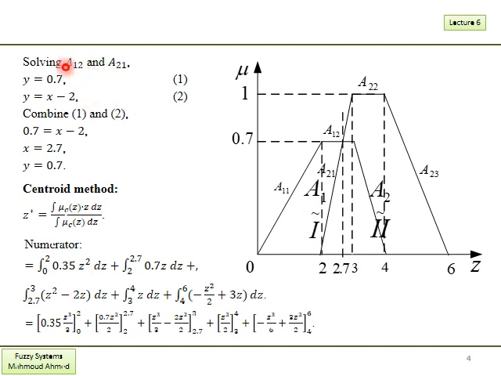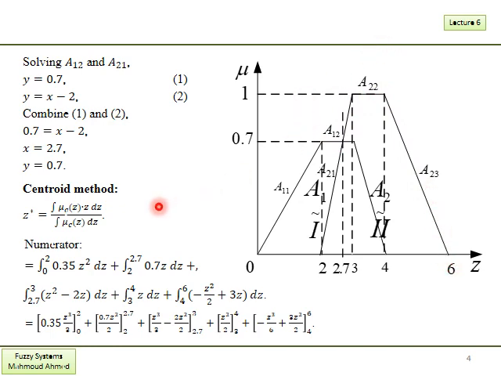So by solving these two equations, we find out the value of x, which is 2.7. This represents this point. After that, we have here all the unknowns and all the equations describing our membership functions.